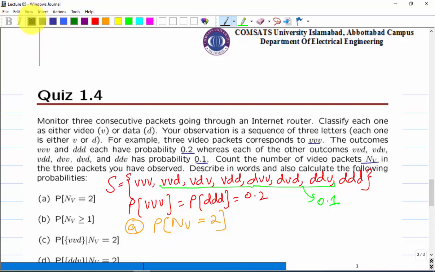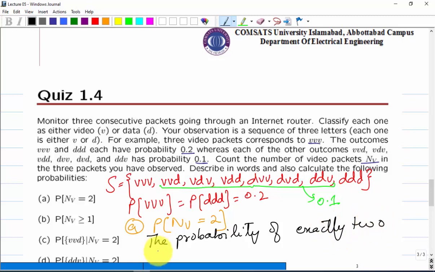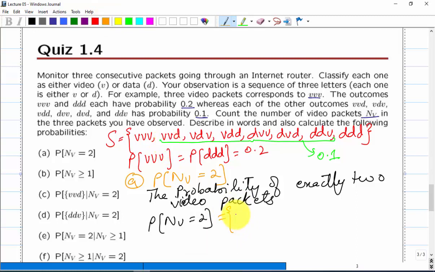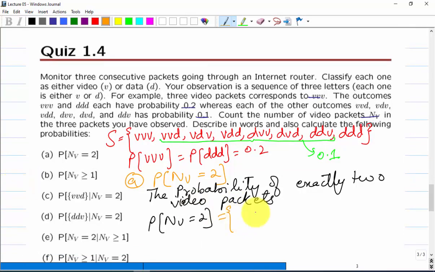In description we can write it as the probability of exactly 2 video packets. So that would be exactly 2 video packets: VVD, VDV, DVV, that's it.